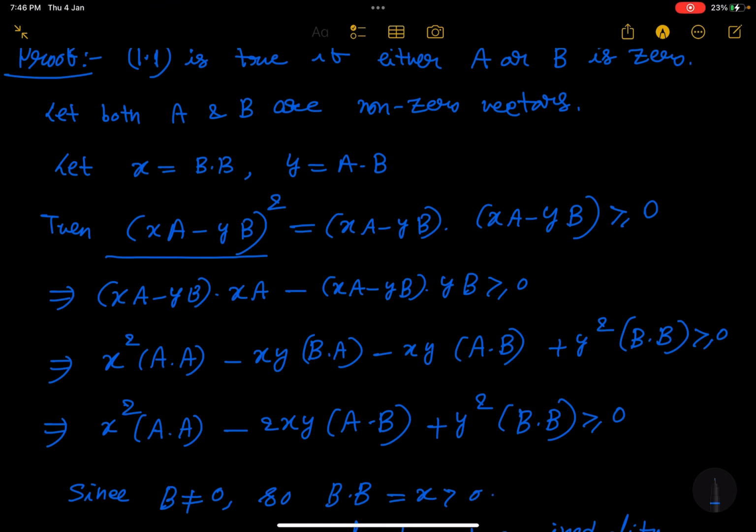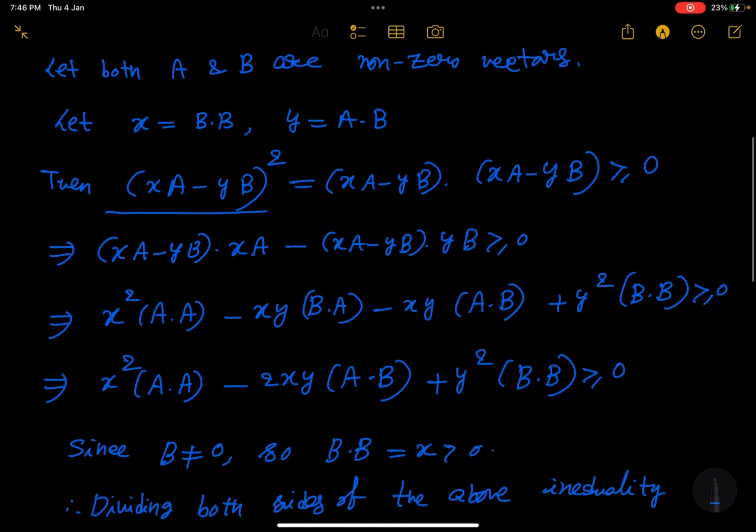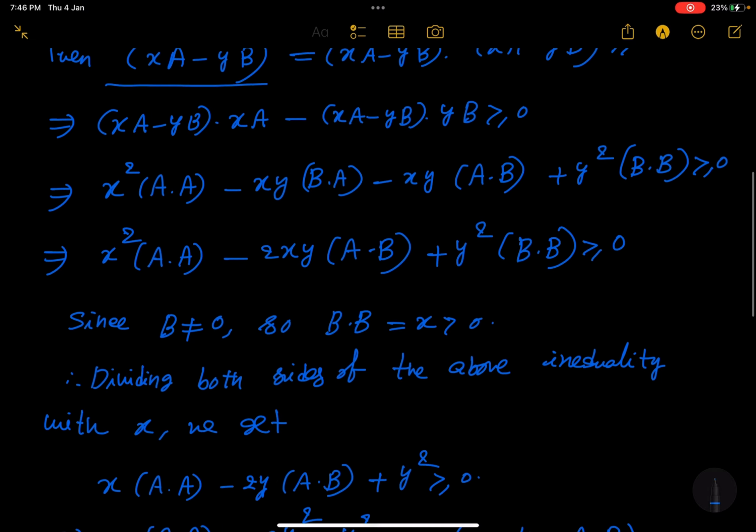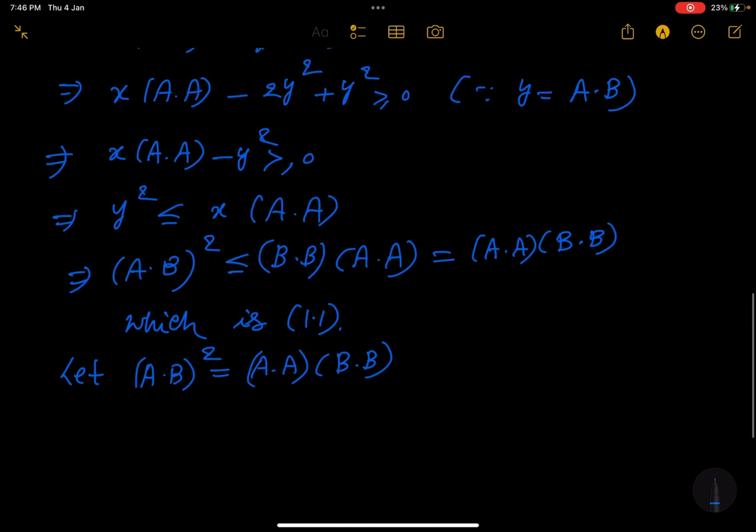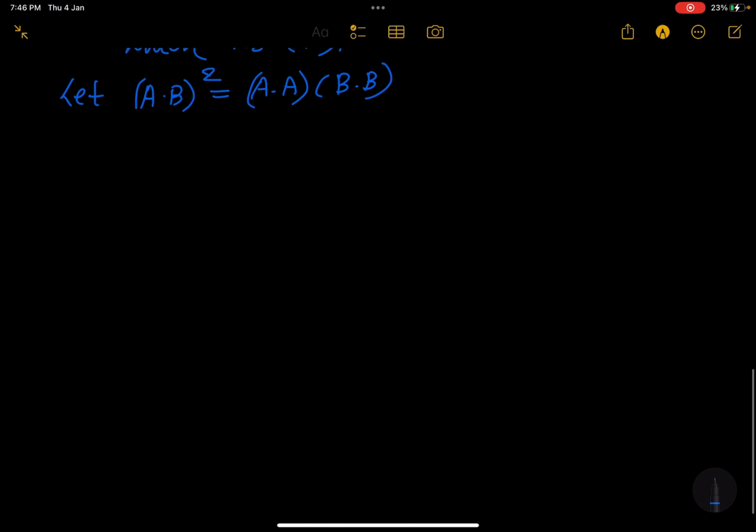By the previous property from the previous lecture, the dot product of the vector with itself is 0 only when the vector itself is 0.